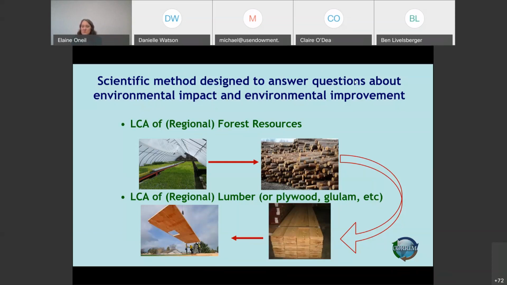So we use EcoInvent data and US LCI data to do that upstream input. Likewise, the upstream inputs from everything occurring in the forest resources are coming out of these national and international data sets that we then apply to our models.